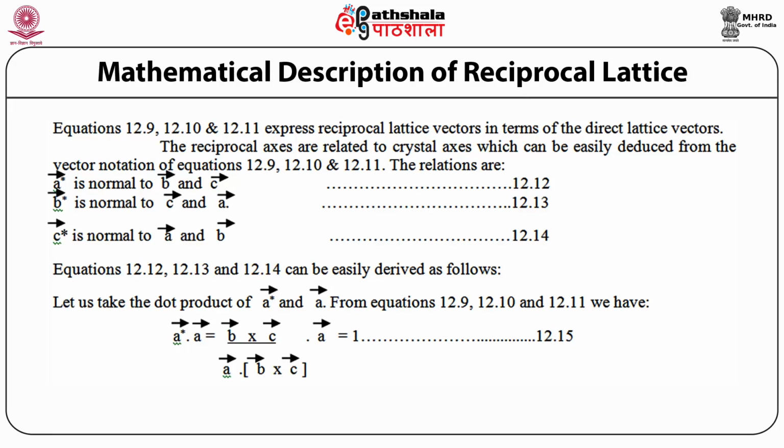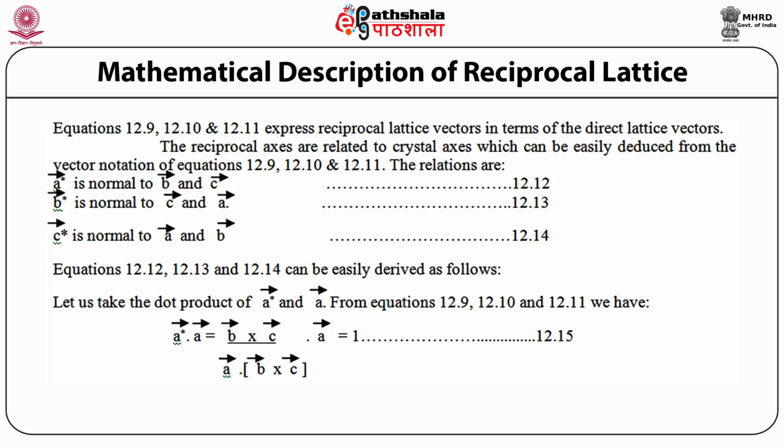Equations 12.9, 12.10 and 12.11 express reciprocal lattice vectors in terms of the direct lattice vectors. The reciprocal axes are related to crystal axes, which can be easily deduced from the vector notation of equations 12.9, 12.10, and 12.11.